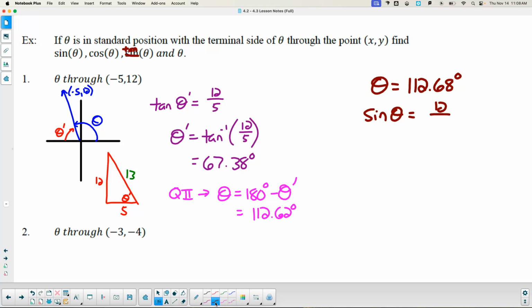That would be 12/13. The cosine of theta is going to be -5/13. And the tangent of theta is going to be -12/5.